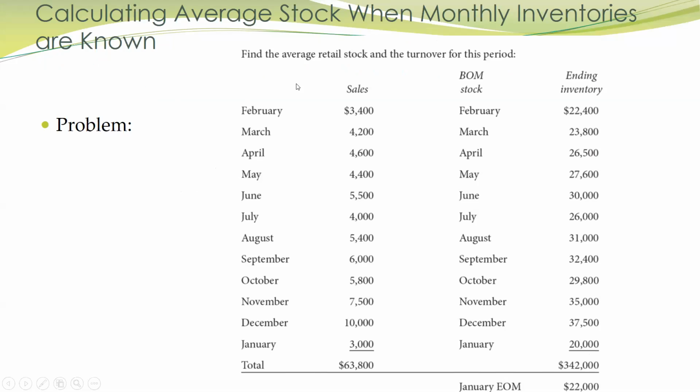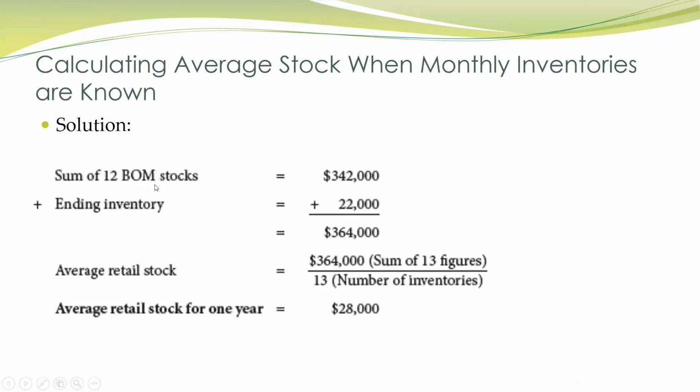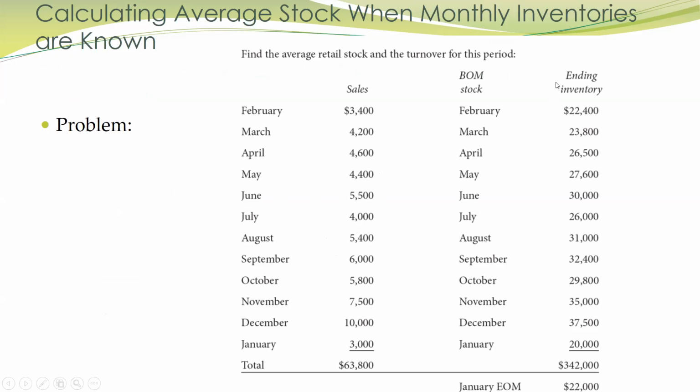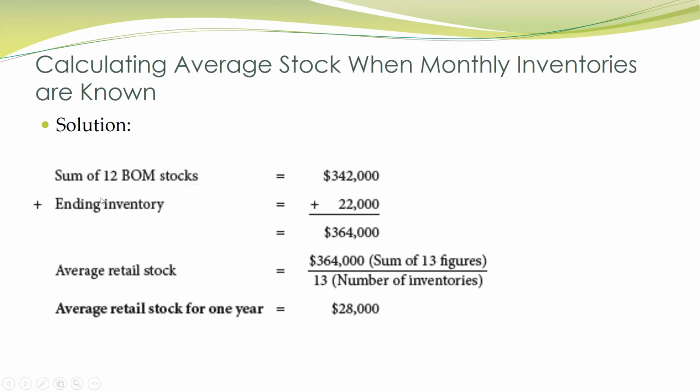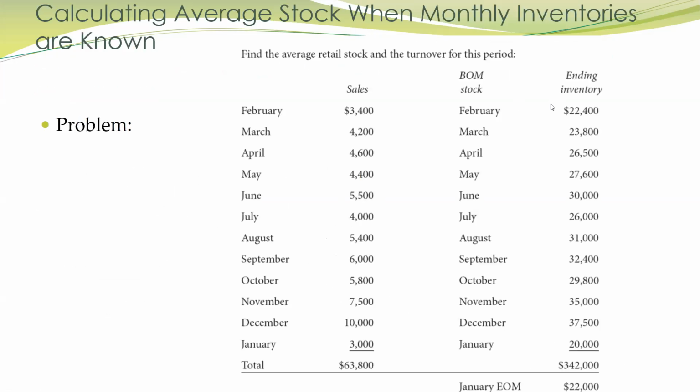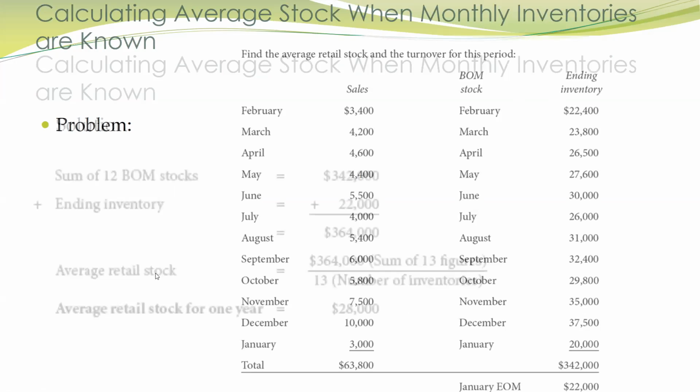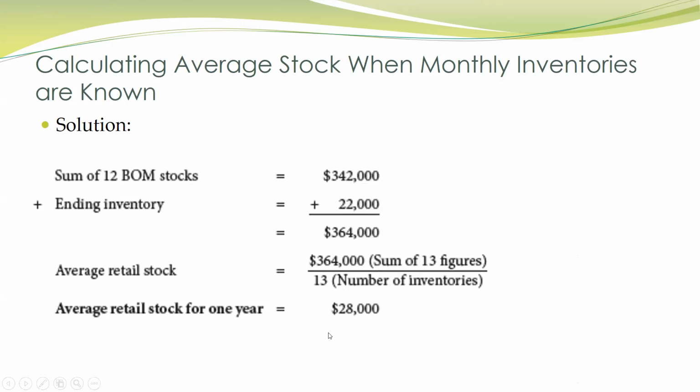So when you're calculating the average retail stock and the turnover for this period, you sum all the BOMs, which is 342,000, plus ending inventory only of January, divided by 13. And we got 13 because there were 12 inventories plus one, which was the end of month of January. So you get your average retail stock.